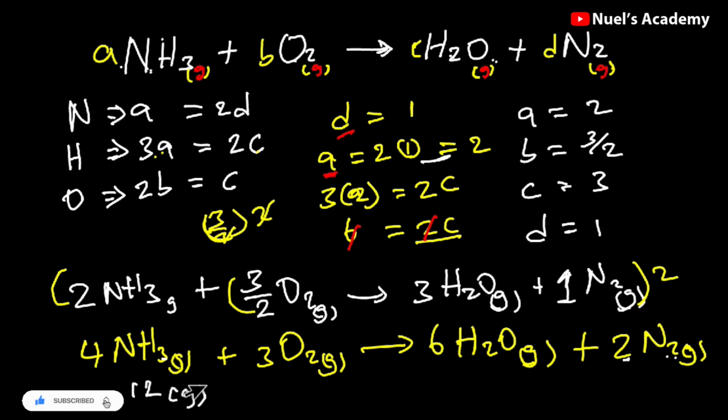Then on the product side, we have 2 times 6, also 12 atoms of hydrogen. For oxygen, we have 2 times 3, 6, and here we have 6 times 1 equals 6. So as you can see, this chemical equation is balanced. This is the easiest way to balance a chemical equation, regardless of the equation you are balancing.